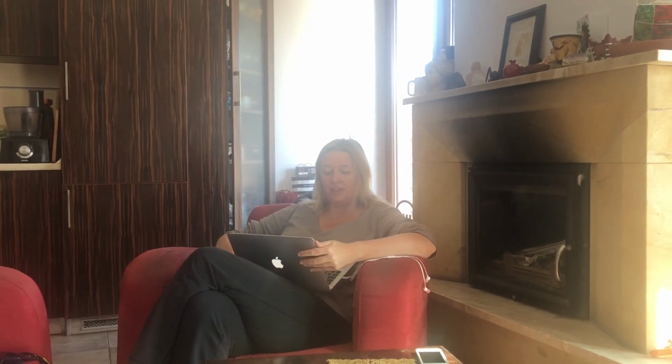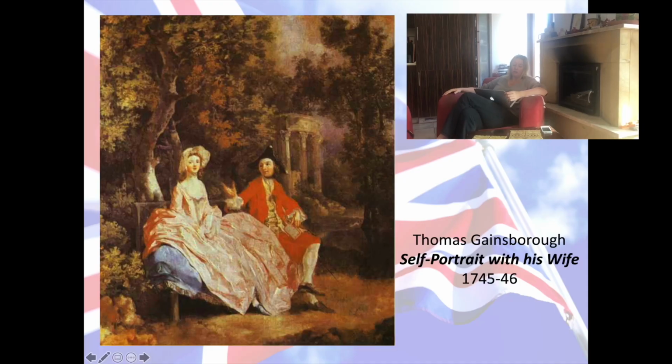As far as 18th century portraiture is concerned in Britain, there are two names of artists I would like you to remember: Thomas Gainsborough and Joshua Reynolds, Sir Joshua Reynolds. So they were both, as you will see in the illustrations, specialists in this genre, although not only.